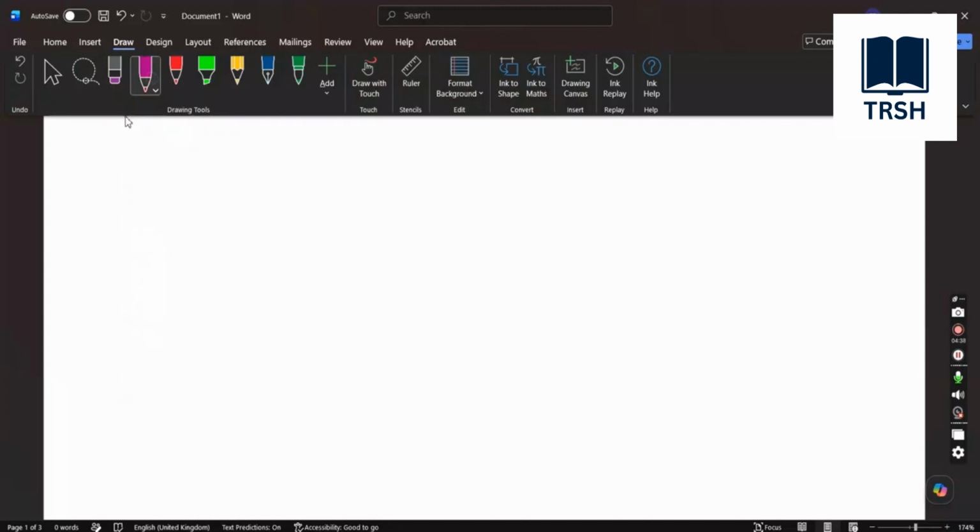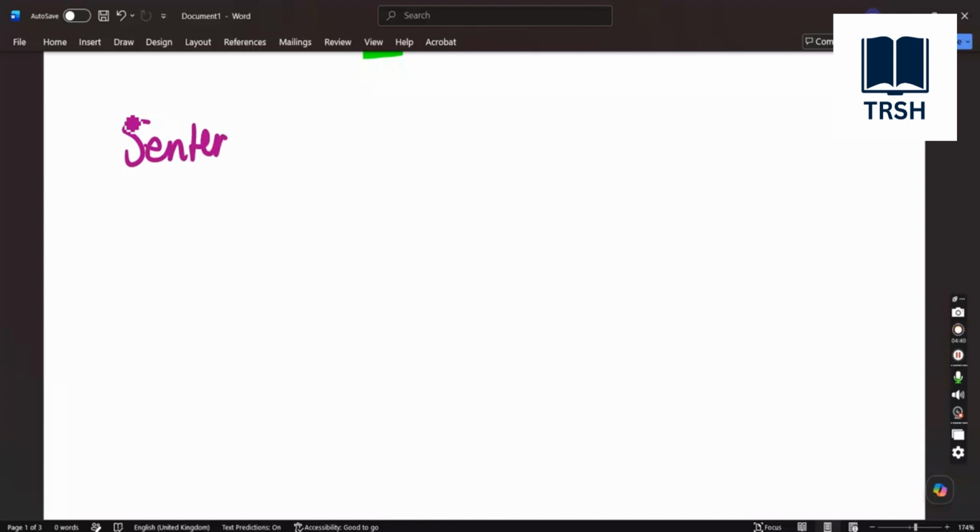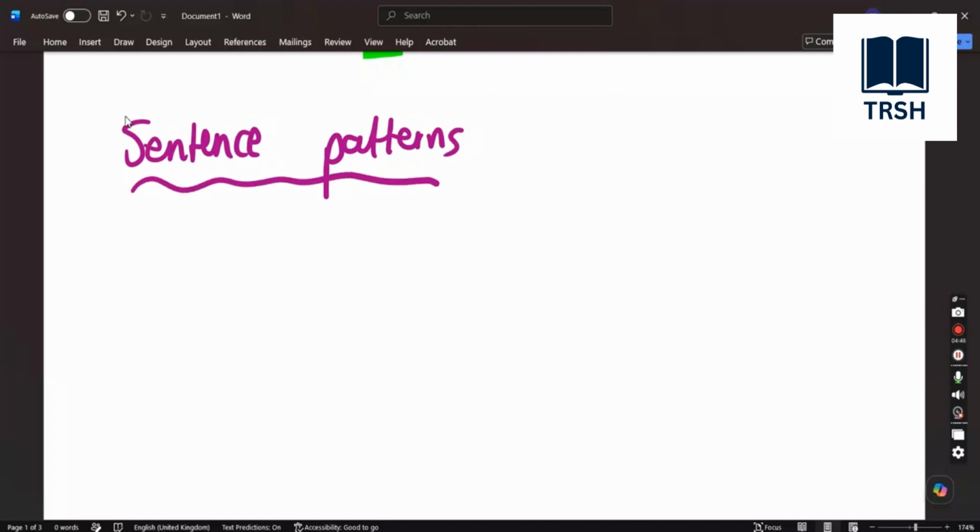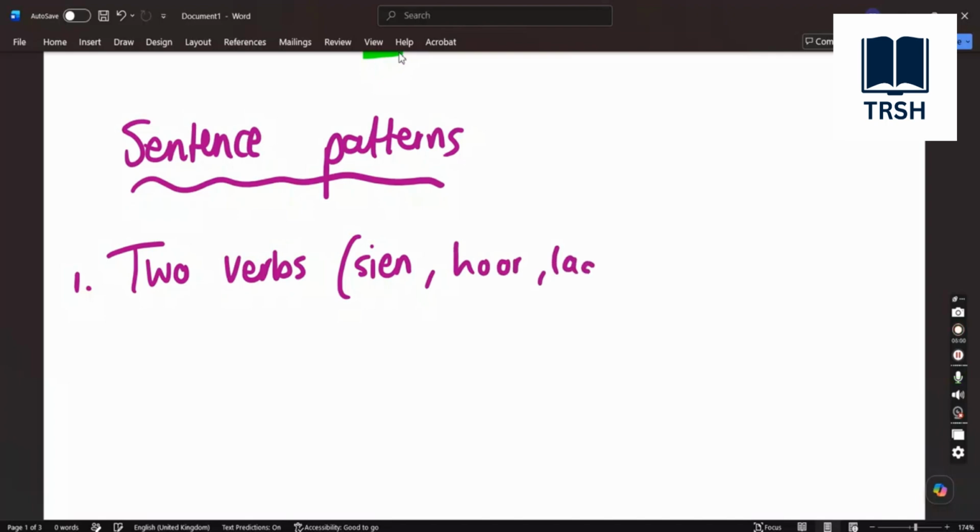When we're looking at sentence patterns, the first thing we need to know is that if there are two verbs, for example sien, hoor, laat, begin, you can also have help and voel.